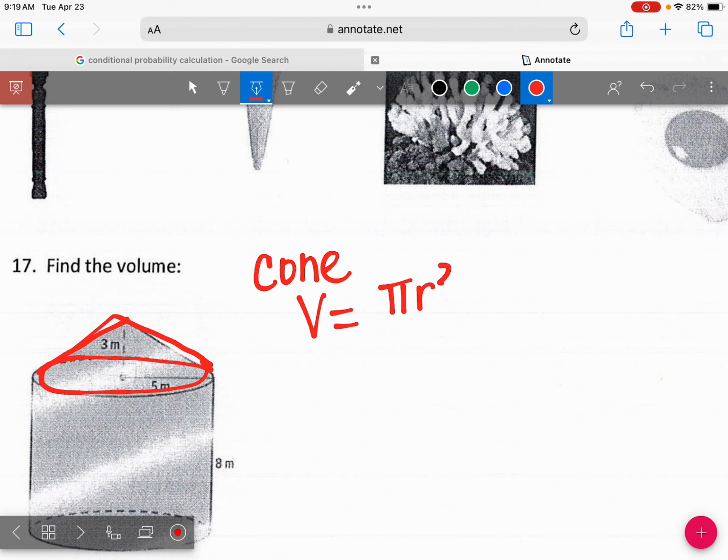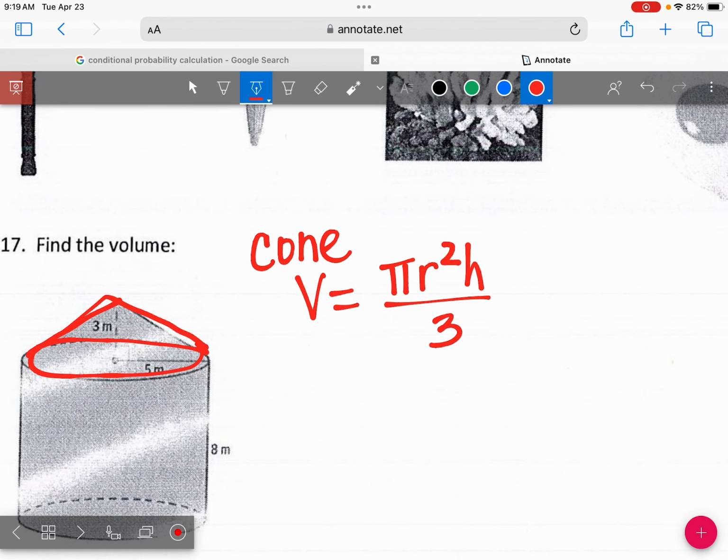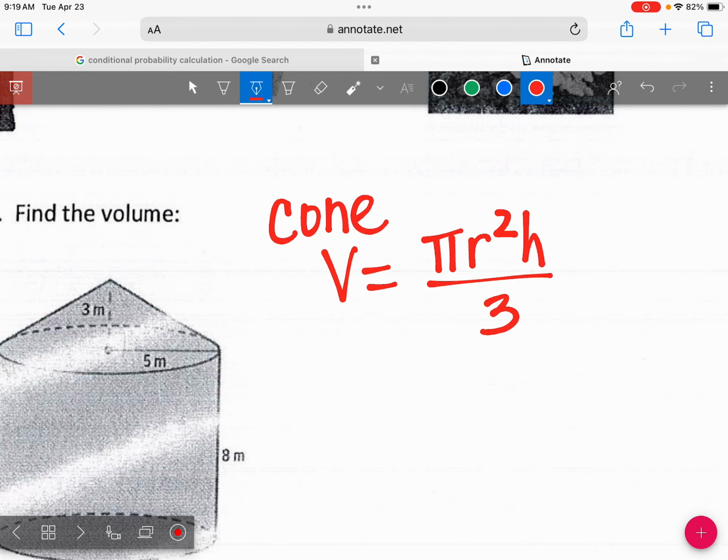When we look at our cone, does everyone see that this here is the radius? So the radius is 5, and the height is 3.